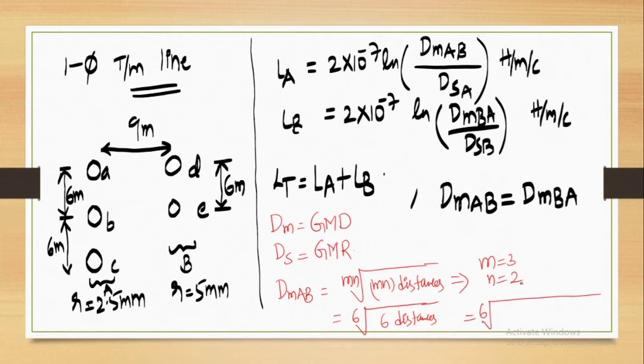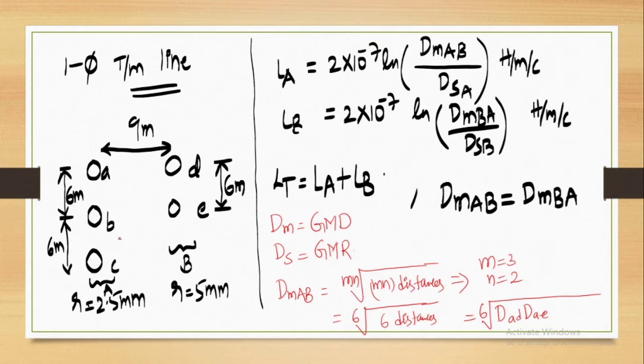6th root of, here you have 3 conductors A, B, C, and here you have 2 conductors D and E. Now the distances: we start with A. A to D is one distance, A to E is another distance. Similarly, what is the third one?